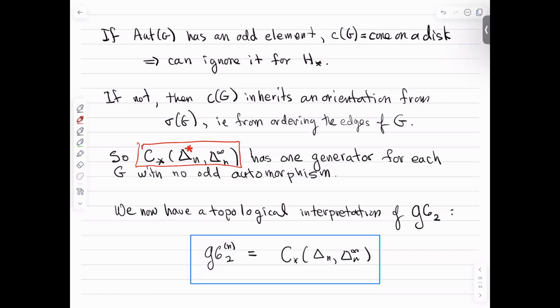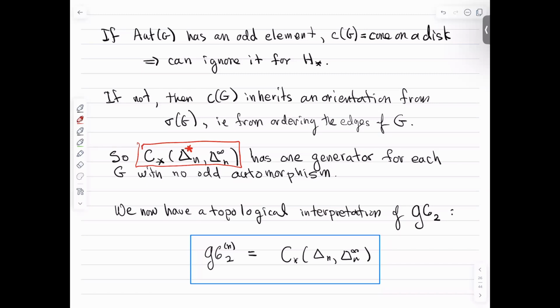So we've got a vector space that has one generator for each even graph. And you can check that the boundary map is what it ought to be. The boundary map in this simplified quotient is the same as the boundary map in Kontsevich's commutative graph complex. So that gives us a topological interpretation of GC2.